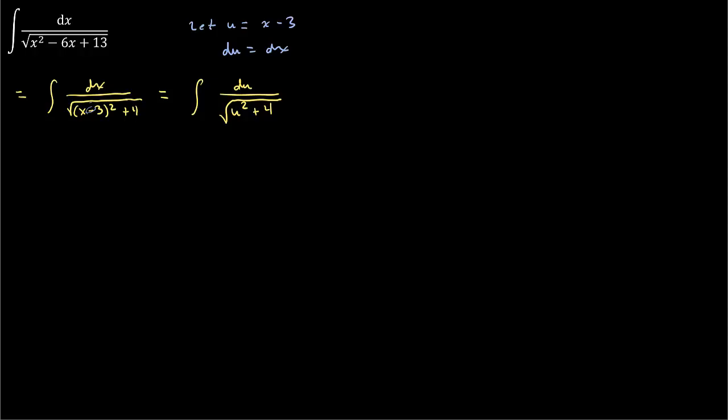If you remember from the forms you have, if you have the square root of a squared plus x squared, then the substitution that we want to make is x equals a times tangent theta. You can see this right here is this form. The only difference is my variable, the x squared, which is my u squared here, is in front, and the a squared would be 2 squared here.